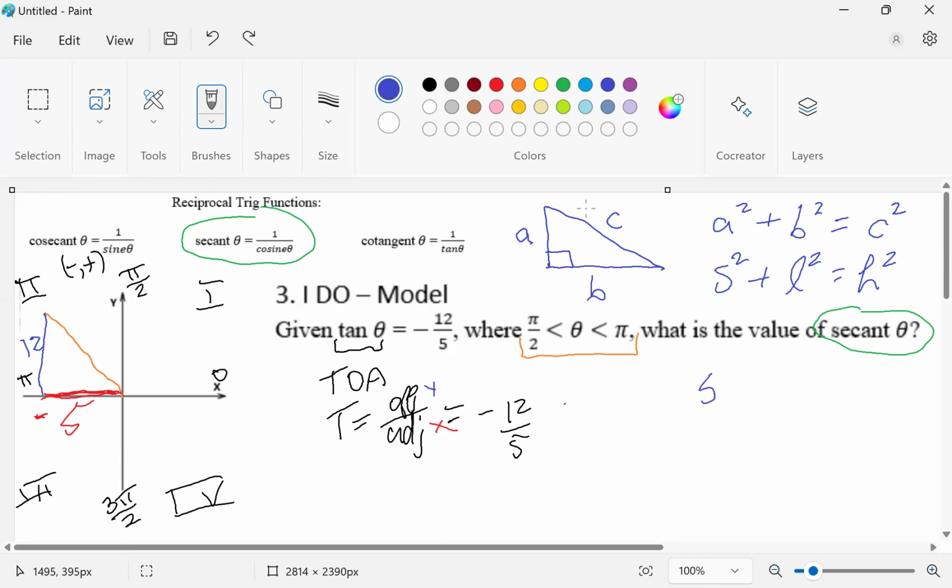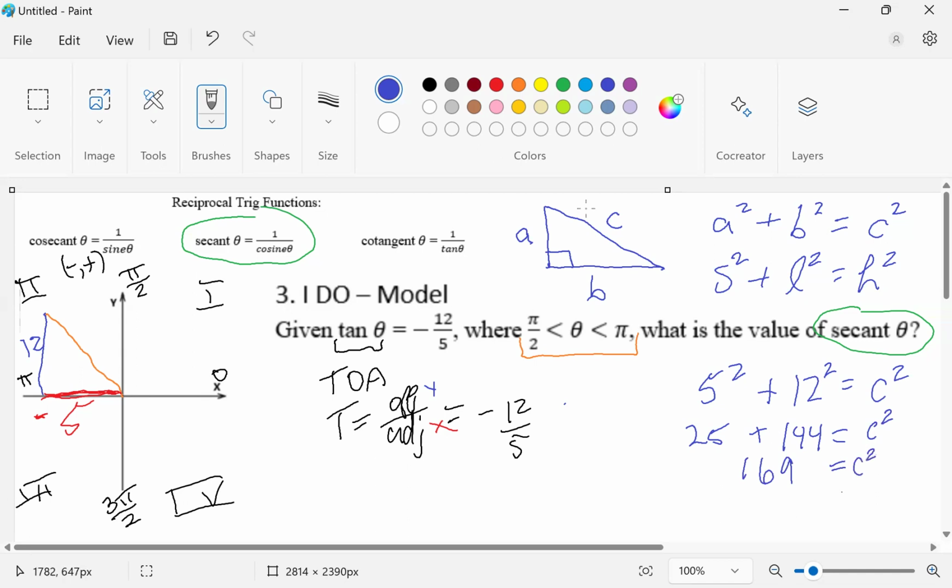So our legs, 5 squared plus 12 squared equal the length of the hypotenuse squared. 5 squared is 5 times 5 is 25. 12 squared, 12 times 12 is 144. And that equals C to the second power. 25 plus 144 is 169, which equals C squared.